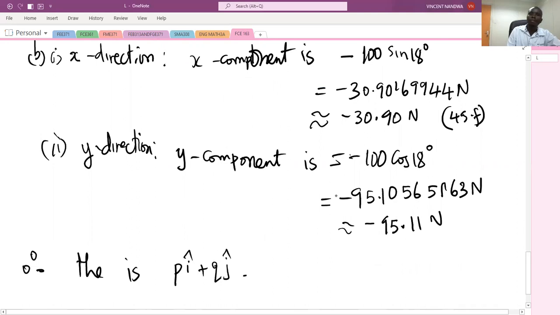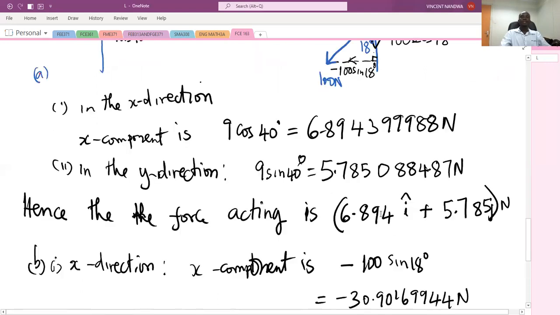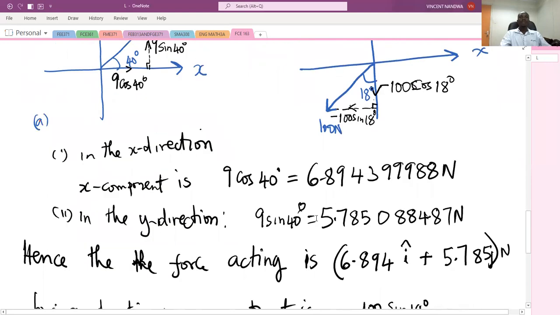So P is negative 30.90 in the i direction minus 95.11 in the j direction, newtons. So that is the vector defining the force in part B. And the earlier one is the vector defining the force in part A of this problem. Thank you.